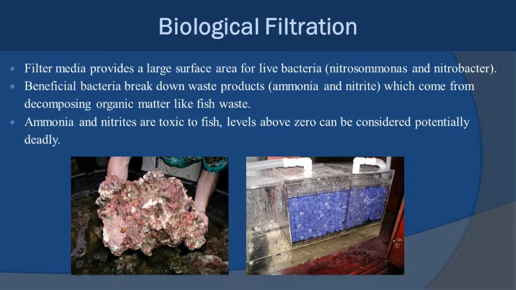We wouldn't be able to run aquariums without them. So what do they do? Well, those bacteria break down ammonia and nitrite, which are the products of fish basically excreting waste, and they're toxic chemicals. So the bacteria break those down into nitrate, which is less toxic, and that is huge.